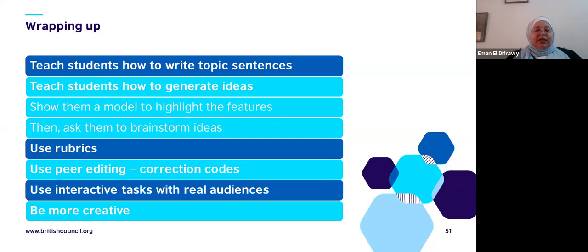Peer editing is really important so that students reread their work again. Correction codes as well are important. And you were introduced to some interactive and creative tasks that you could use with your learners.